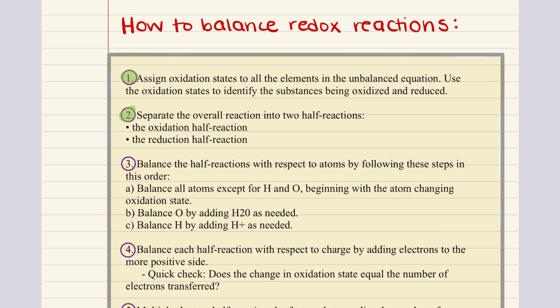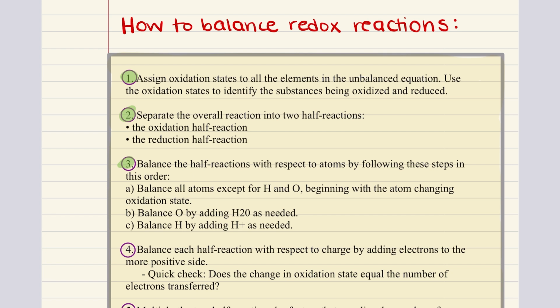Once that's written, we can move into balancing all of the elements in each half reaction, except for hydrogen and oxygen. Once all of those atoms are balanced, then we can concern ourselves with balancing oxygen and hydrogen.